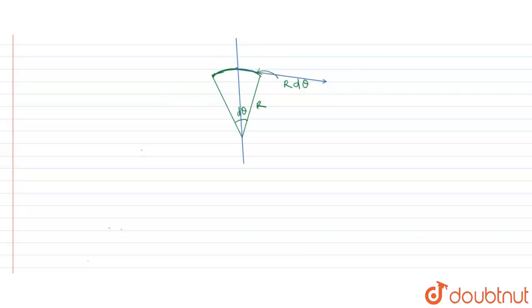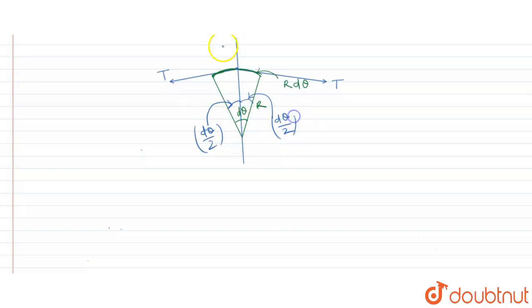Since this is the bisector, this angle will also be d theta by 2. Similarly, this angle is also d theta by 2.